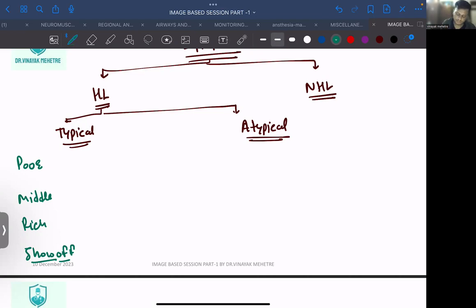So this is the class. So what are they? Lymphocyte poor, middle class, which we call mixed, upper middle class and lower middle class, so these are mixed classes, mixed cellularity.